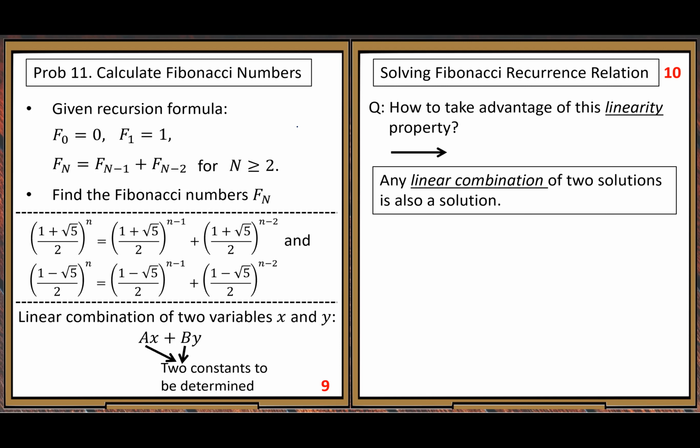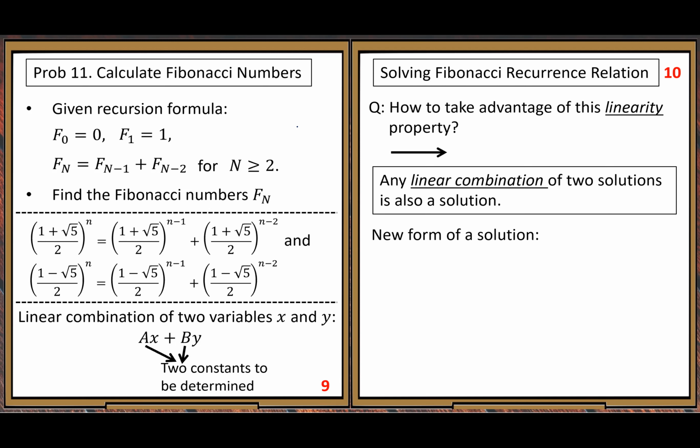Any linear combination of two solutions, where x corresponds to the first solution and y corresponds to the second solution, gives another solution with freedom. Because for any capital A and any capital B, we get a solution. Then you can change the values of capital A and capital B to satisfy the initial condition.